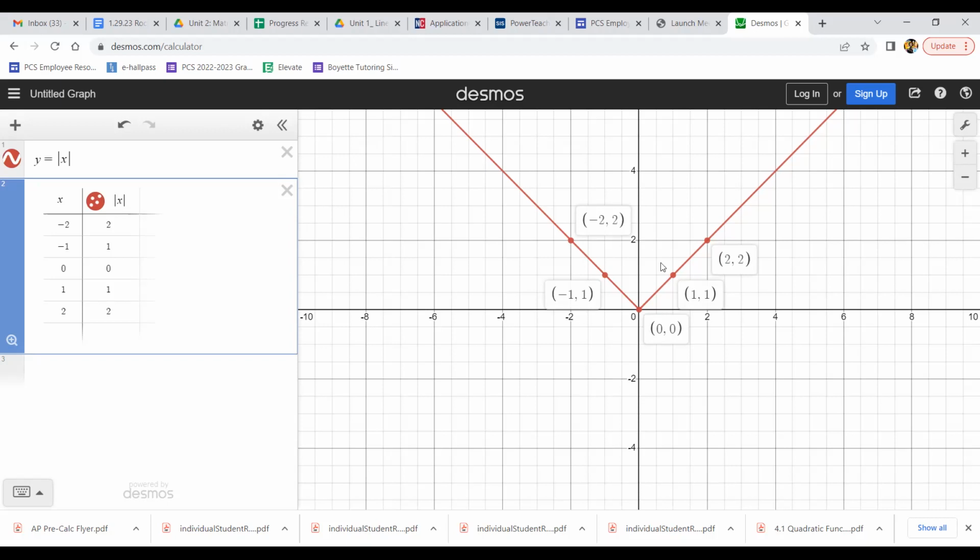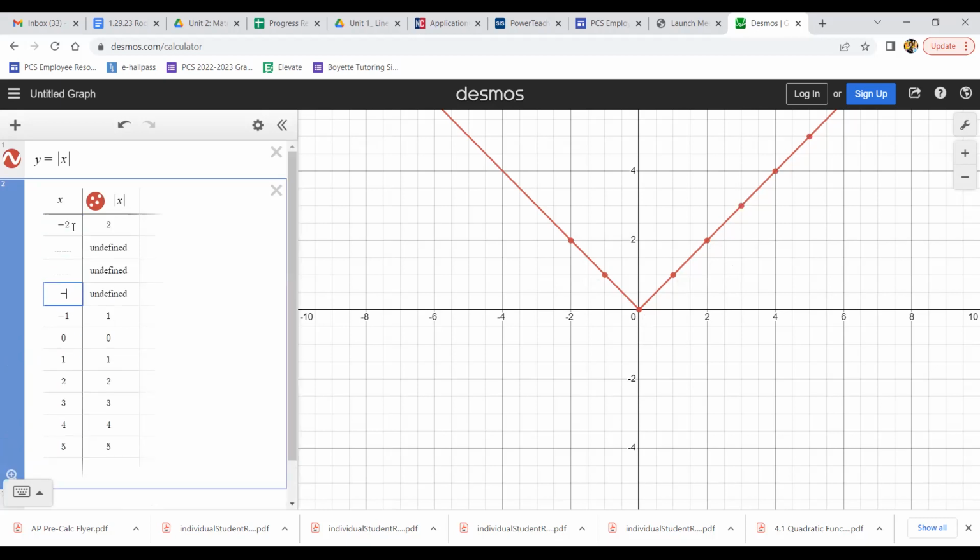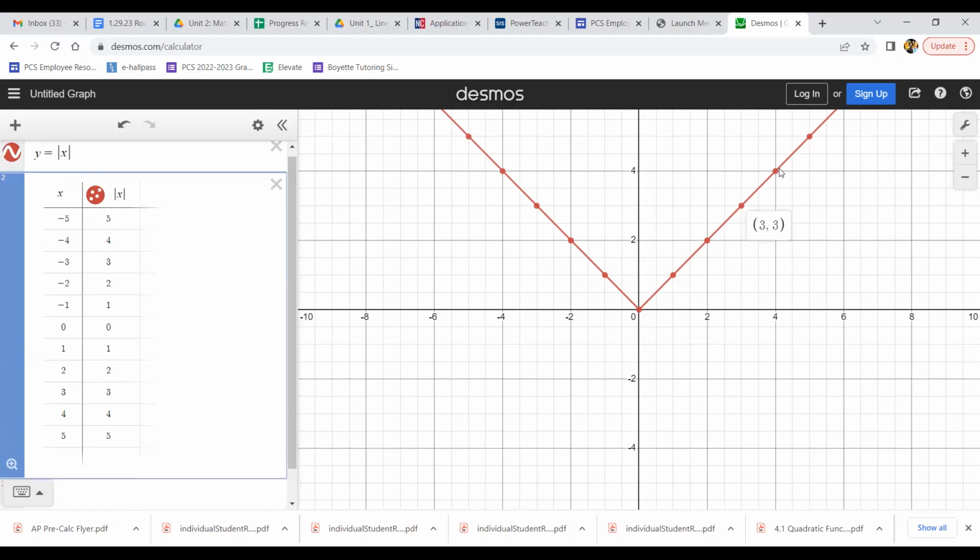You can also use a colored pencil or a colored pen. There are some more points on the graph if you want to graph some more. And I'll show you guys what I've got. There's mine.